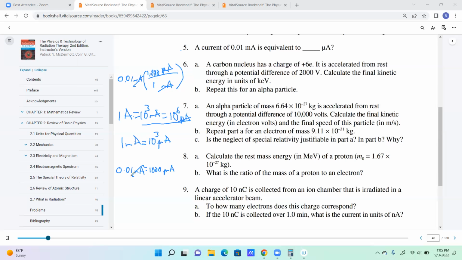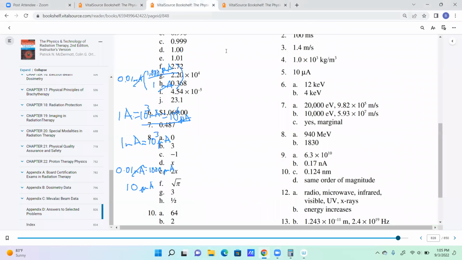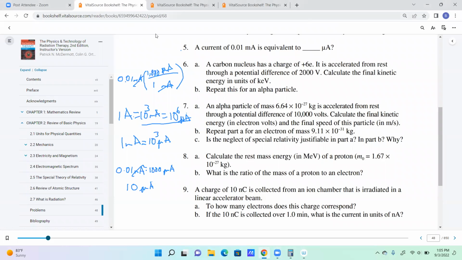So that's 1, 2, 3. We should end up with 10 microamps. And is this in fact what the answer reflects here? Sure is. Okay, so we got that one knocked out.